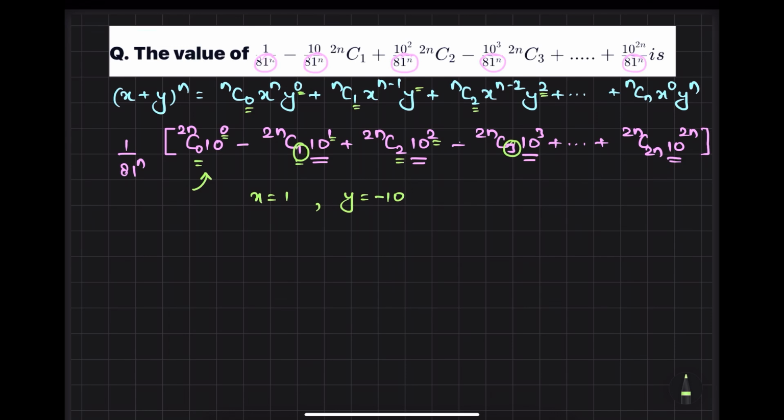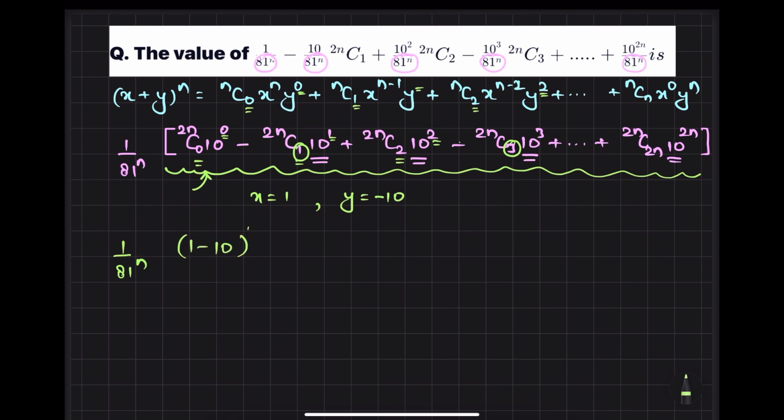So can I say that this ugly thing is the expansion of (1 minus 10) power 2n, because upper subscript is 2n everywhere and upper subscript of C is the power of (x plus y). Correct or wrong? Now, I hope till this part you are comfortable.